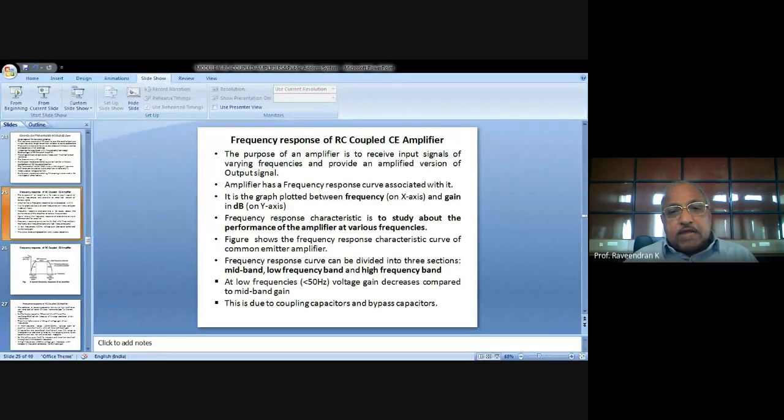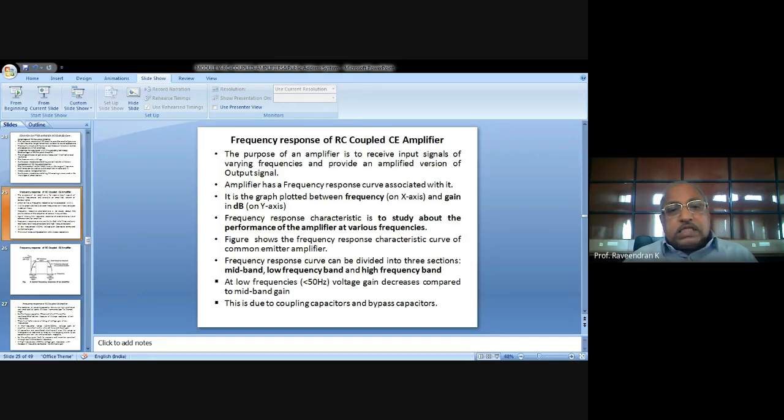So this is the ideal frequency response, this mid frequency region. Every amplifier will have a low frequency region, high frequency region, and mid frequency region. In the mid frequency region, the gain of the amplifier will be almost constant.